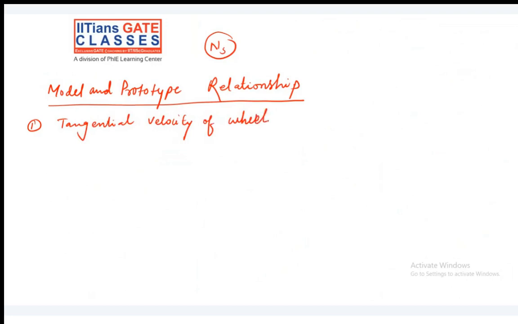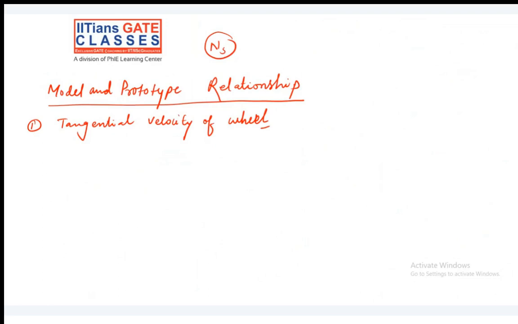We understand what a model and a prototype are. Before directly going to the prototype, people analyze things on the model. And if you know things about the model, you expect the same things to happen at the prototype.